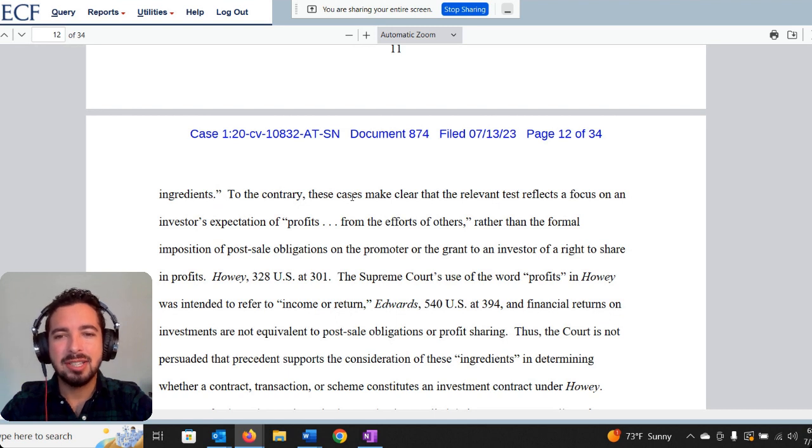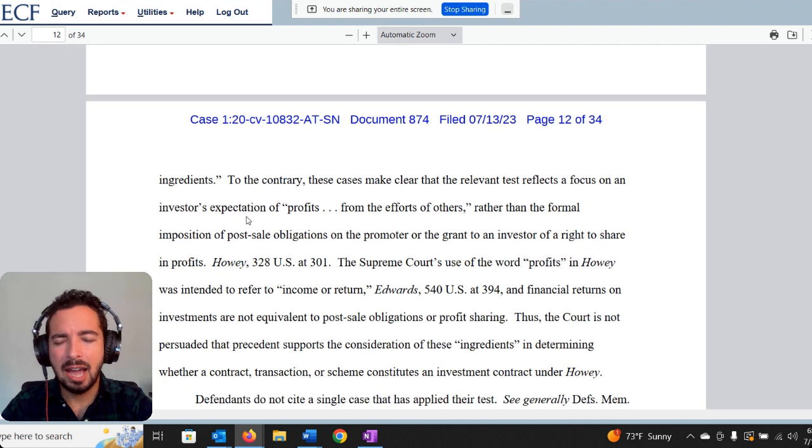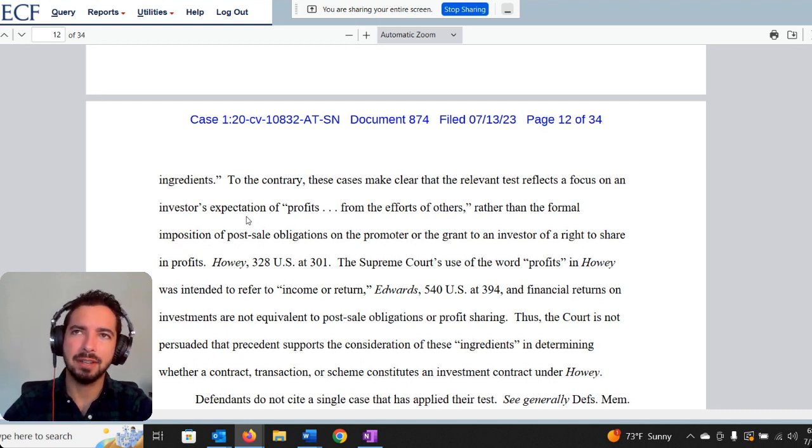Okay, to the contrary, these cases make clear that the relevant test reflects a focus on an investor's expectation of profits from the efforts of others rather than the formal imposition of post-sale obligations on the promoter. So she's saying, listen, all these cases have to do with the expectation of profits, and that's pretty much it.